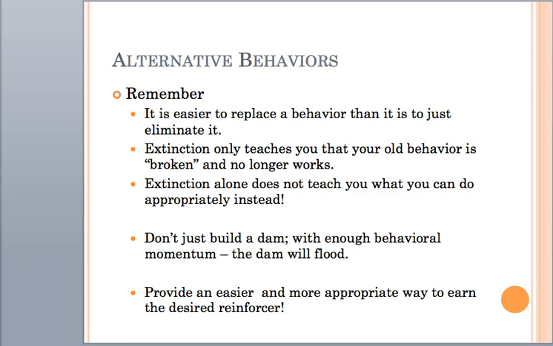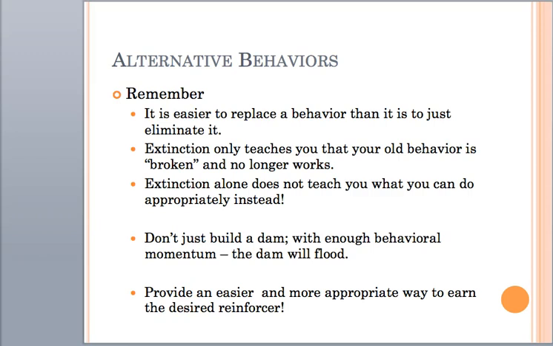But it doesn't actually teach you what you can do that would be appropriate instead. So by having positive reinforcement for appropriate alternative behaviors ready for training, the individual will learn, oh, it's easier for me to do this appropriate behavior and get my reinforcer than it is to fight the extinction of this behavior. So we don't just build a dam when there's a river.